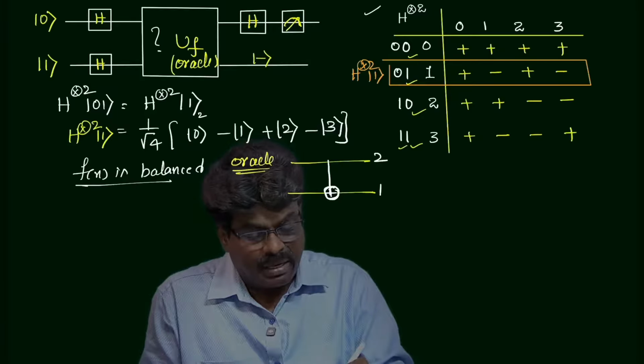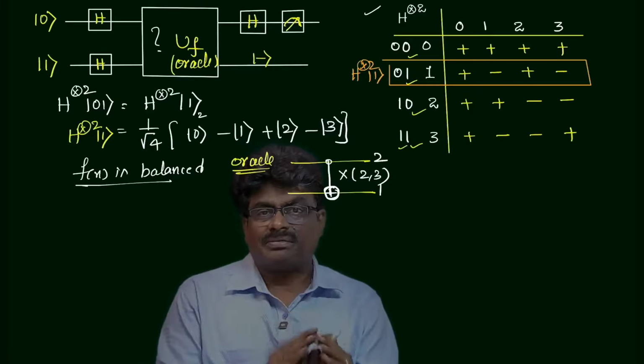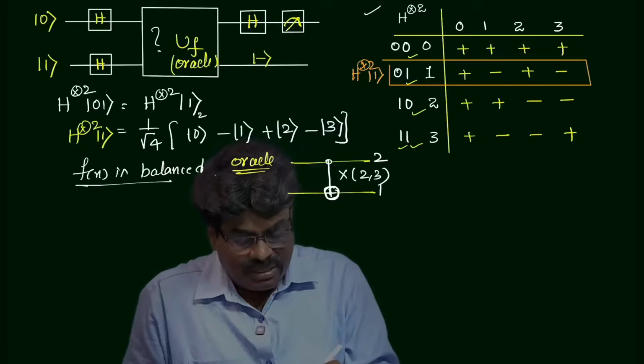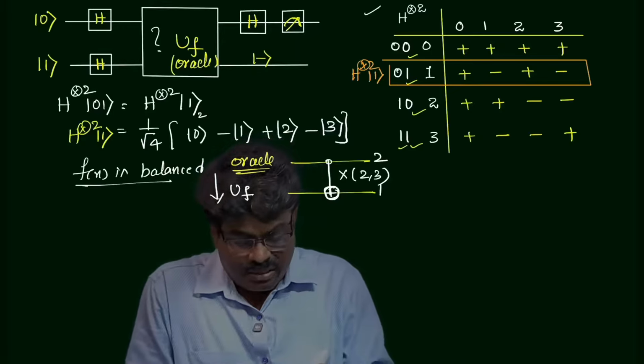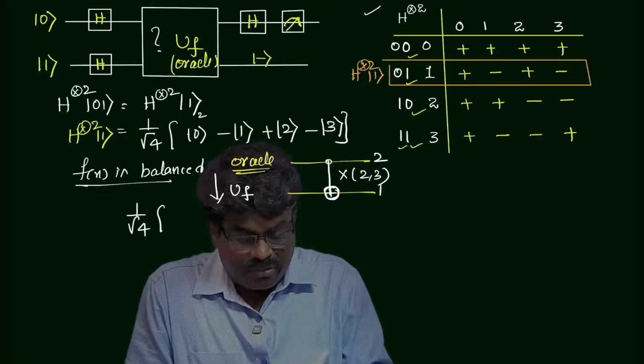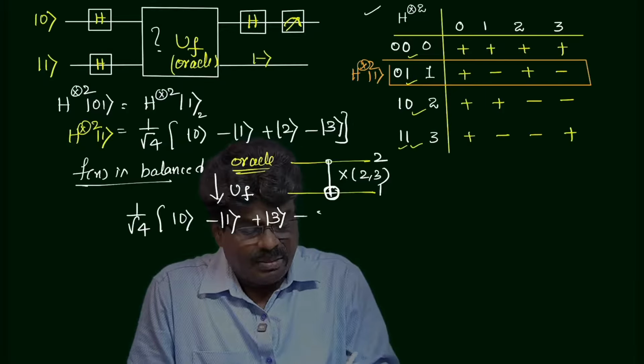So this is nothing but X from 2 to 1, that's why 2 comma 3. That means it flips 2 and 3. That's it. So by using this oracle operation, this will become 1 over root 4, 0, minus 1. See, 2 becomes 3 and 3 becomes 2.